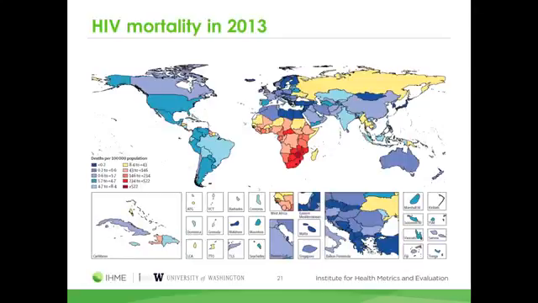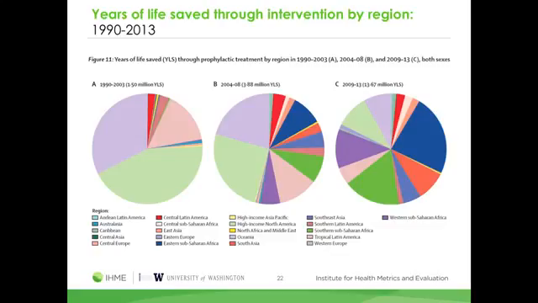Now, one thing that you can do in the modeling is to run a counterfactual assessment where we said what would have happened to HIV mortality if you did not have ART and you did not have PMTCT, prevention of mother-to-child transmission. And the answer is that a huge number of extra years of life have already been added. So during just the last 5 years, 2009 through 13, there's been almost 14 million extra years of life lived because of those interventions.